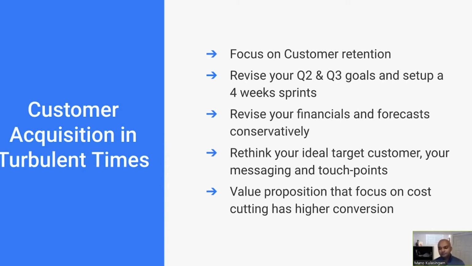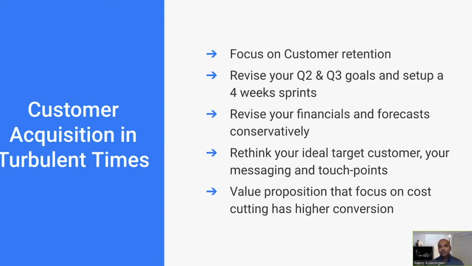In terms of your goals for Q2, Q3, you definitely will need to revise them. My view is that there are two approaches you can take. You can endure it and make sure you have a good balance sheet to weather this without making a lot of changes, or you can adapt, and make changes and readjust your overall plans.